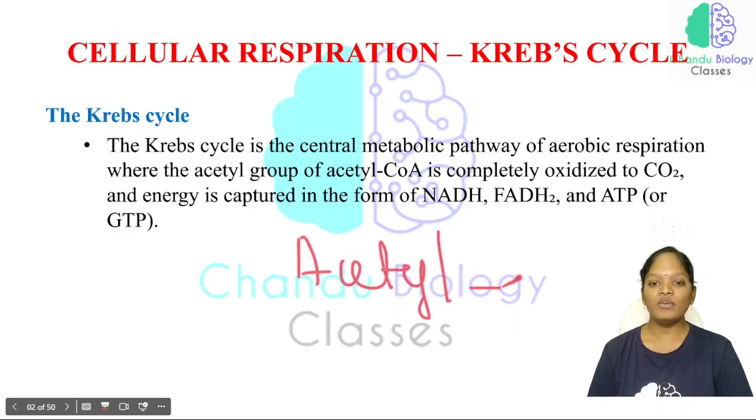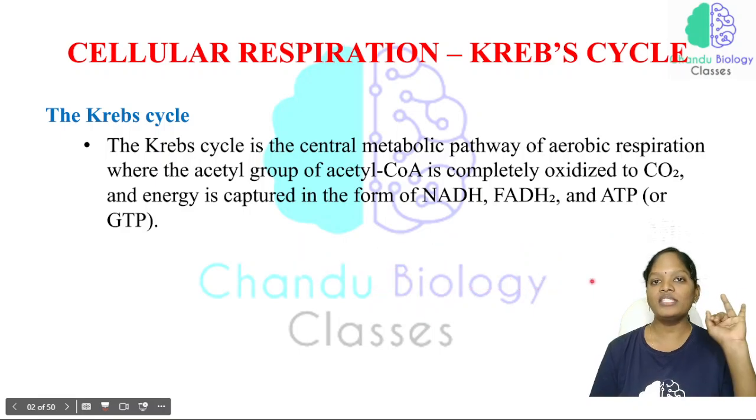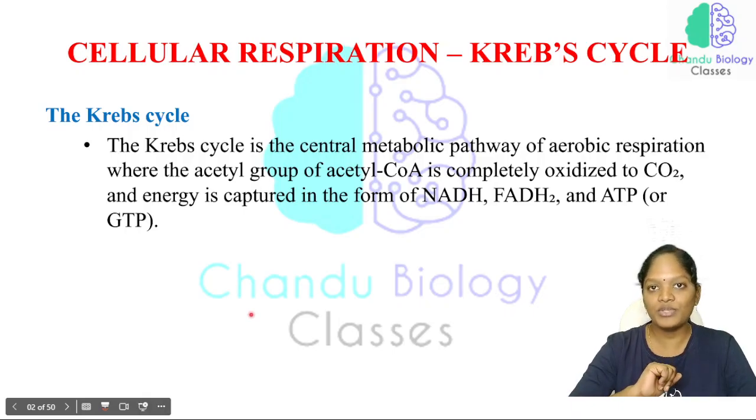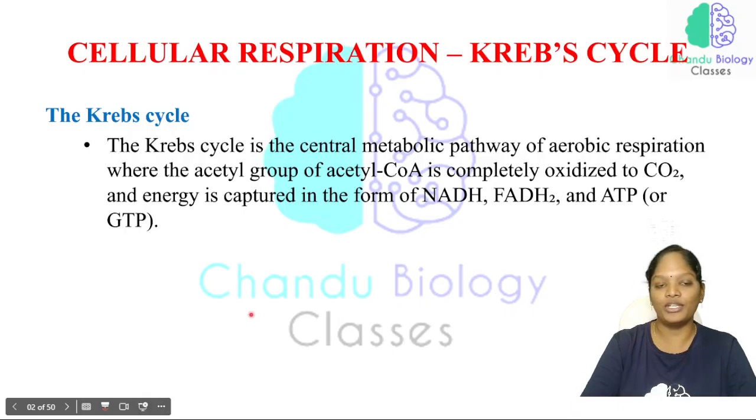So this is the common intermediate of carbohydrate metabolism, protein metabolism and lipid metabolism. This can be expected in our exam. Which compound is acting as the common intermediate for all the metabolism, that is carbohydrate, protein and lipid? The answer is acetyl CoA, which is taken into the mitochondria for the Krebs cycle. So this is very important.